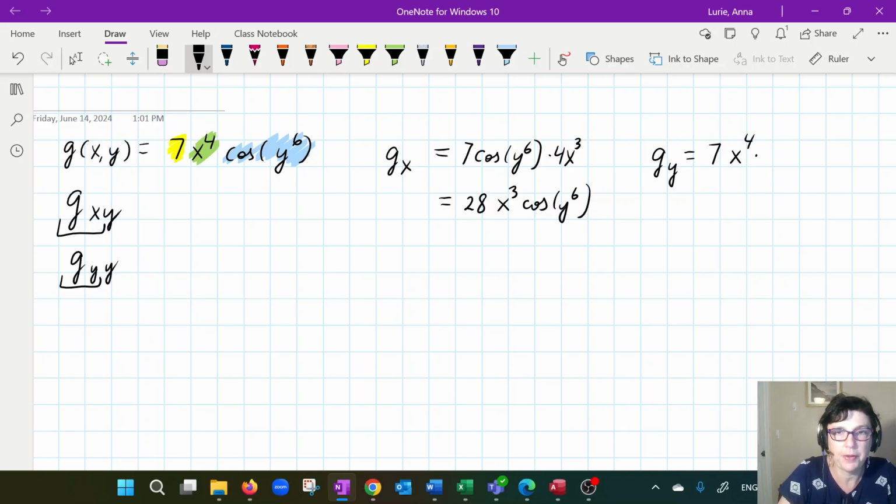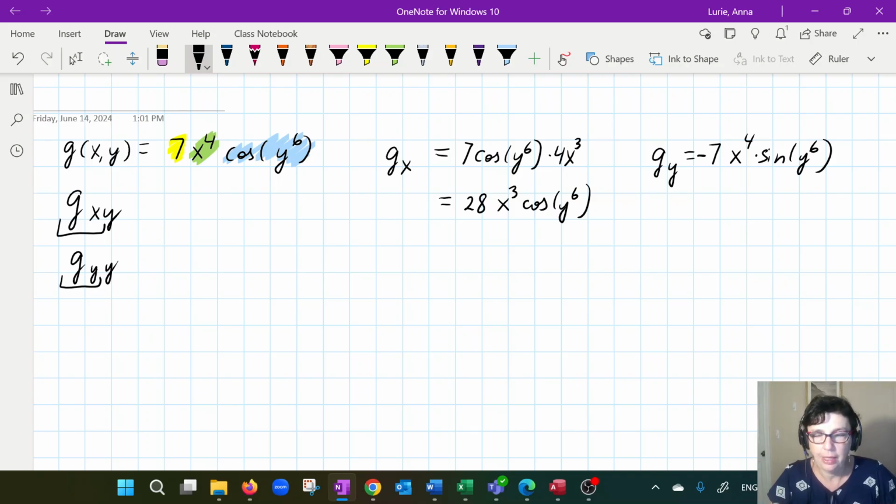Now, what is the derivative of cosine of something? This is where we use chain rule. So the derivative of cosine of something is negative sine of the same something. So you do not ever change the argument. So negative, always put it in the front, because if you put it in the middle, it'll look like subtraction. And then we got sine y to the 6. So if you think that's it, that's not it, because you have to use chain rule.